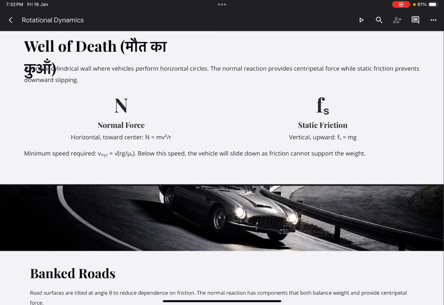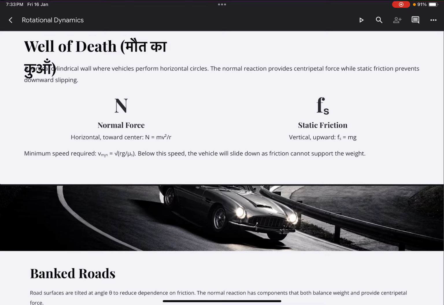We have seen in physics what is known as the well of death, or maut ka kuan, where there is a cylindrical wall and the vehicle performs horizontal circles, right? In such a case, where the rider is riding in the well of death, the normal reaction provides the centripetal force, because now he is riding on the cylindrical wall. The normal reaction provides the centripetal force, whereas the static friction prevents the downward slipping of the vehicle.